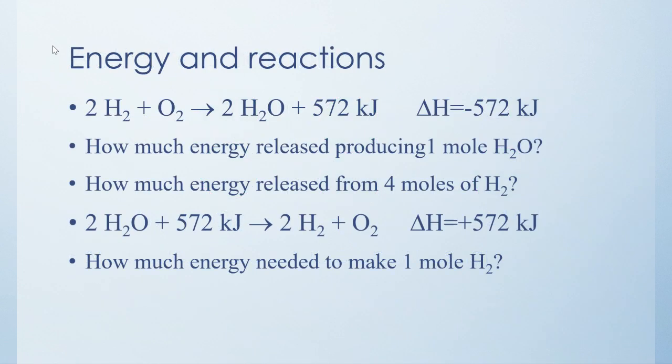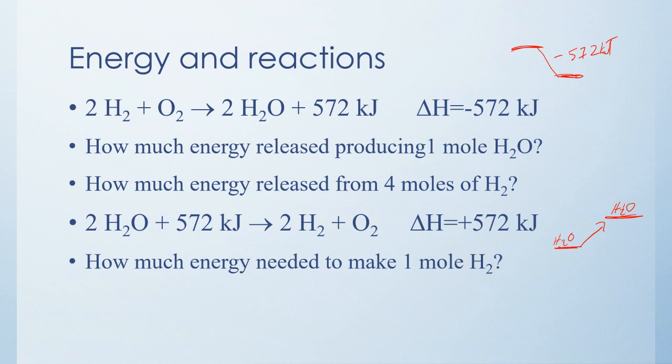So the point about all this is you can be given a balanced equation with a delta H. And if that delta H is negative, that means the reactants had to have more energy than the products because energy had to be released to get down to that lower threshold. And if it's endothermic, that means energy had to be put in. So therefore, the potential energy of the reactants would be lower than the products.